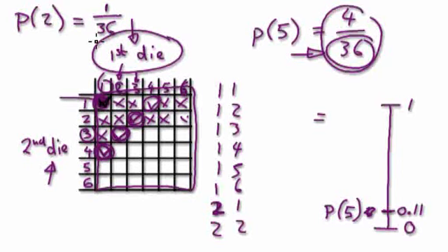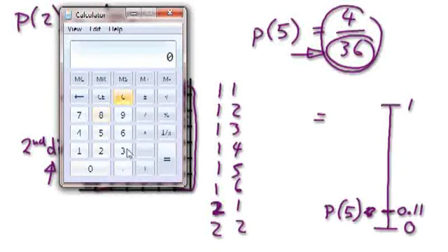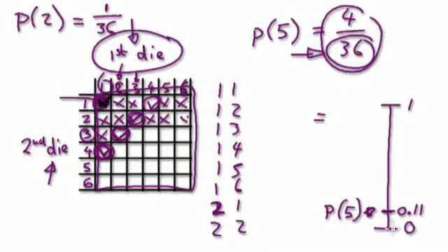So it's 1 over 36. Now, get a calculator out. 1 divided by 36 equals 0.03. So it's even lower than the 0.11. So this will be the probability of us getting a 2 here. It's very small.